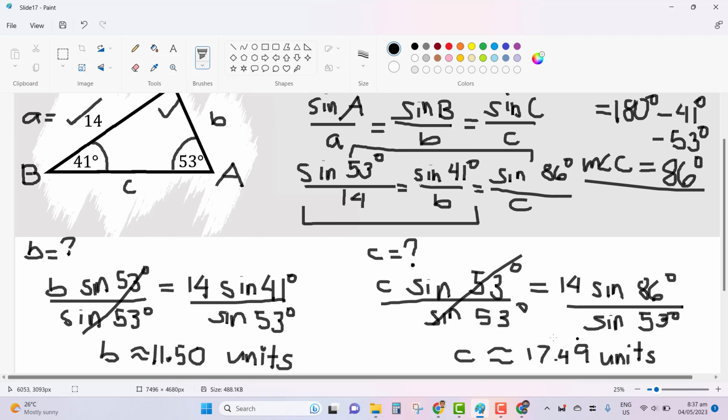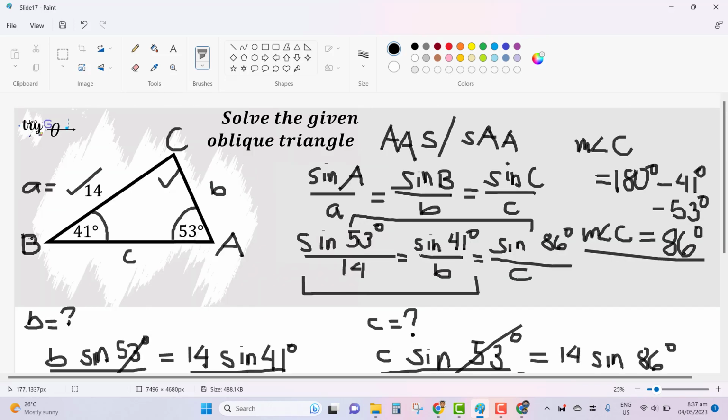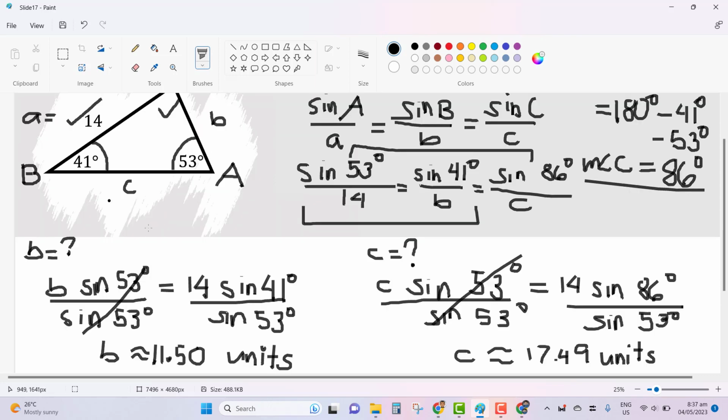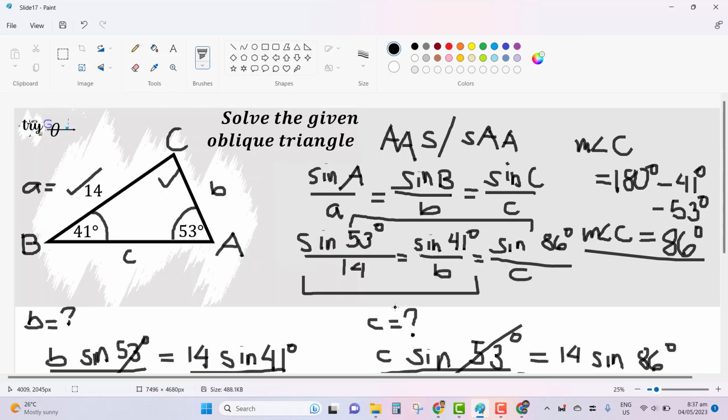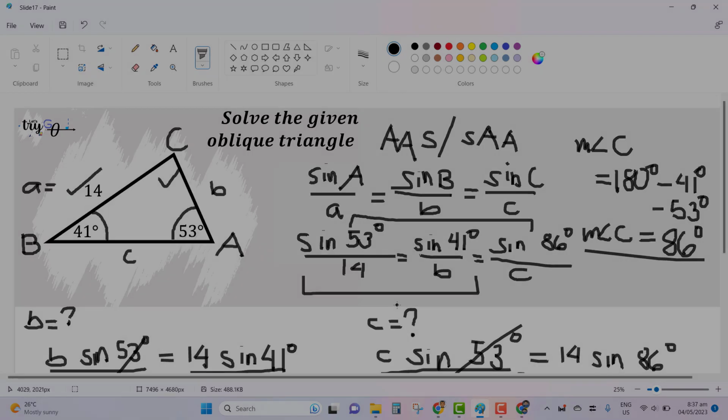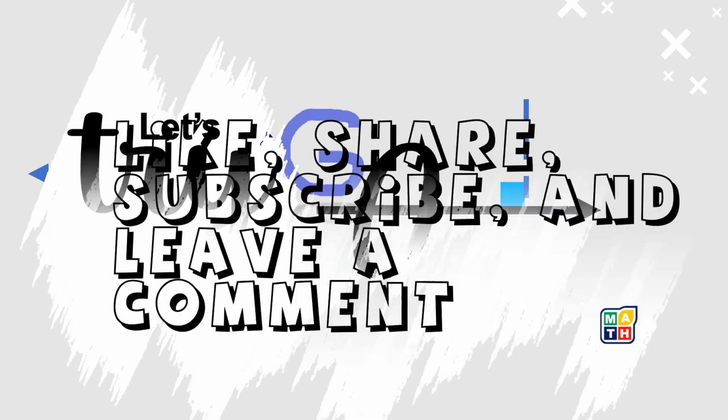This is our longest side. On the other hand, 41 degrees, angle B, is your smallest angle. Side B should be your shortest side. 14, that's A, versus 11.5 versus 17.49. It also is. This is how we solve an example of an AAS or SAA oblique triangle.